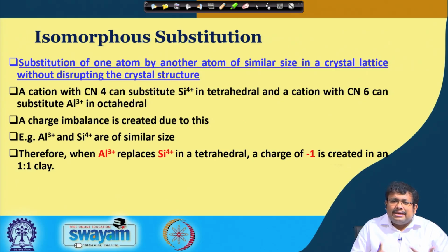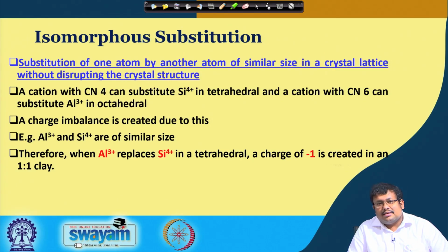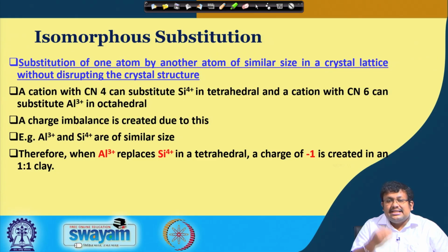Now, what is the implication of this isomorphous substitution? Remember, when we are substituting a cation with another cation of different valency, in the case of the tetrahedral sheet, when we are substituting a silica cation, which has 4 valency, with an aluminum cation with 3 valency, then obviously there will be a charge imbalance.